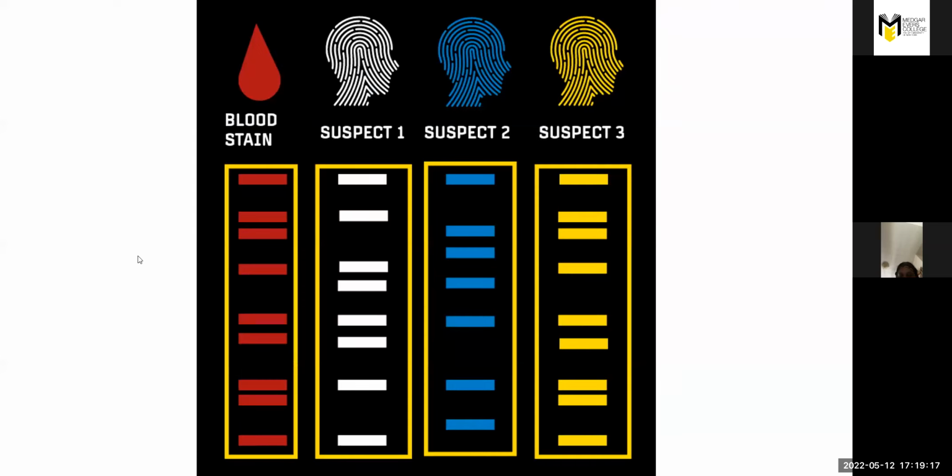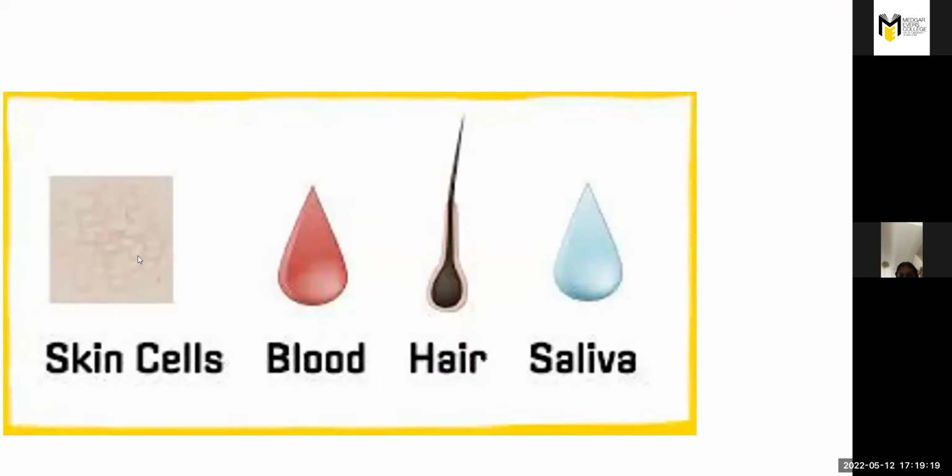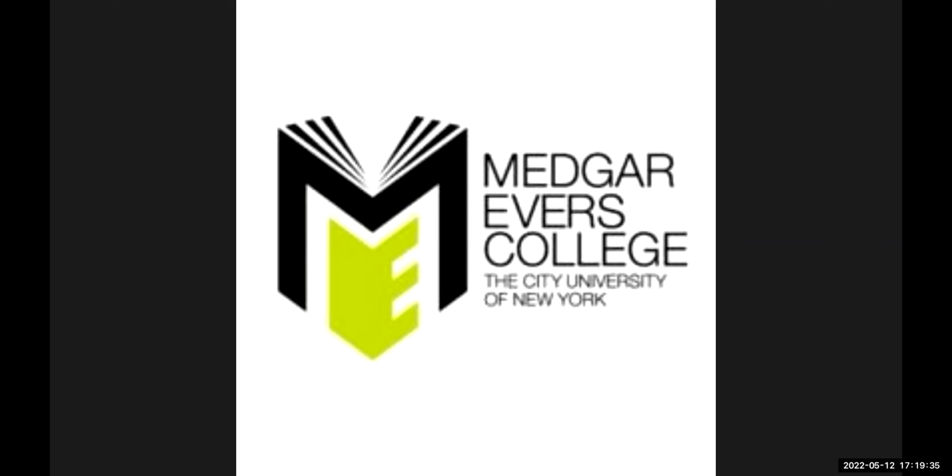So this is a powerful technique too. The samples most in demand to solve a case are skin cells, blood, hair, and saliva. So this was a small chapter that we finished.